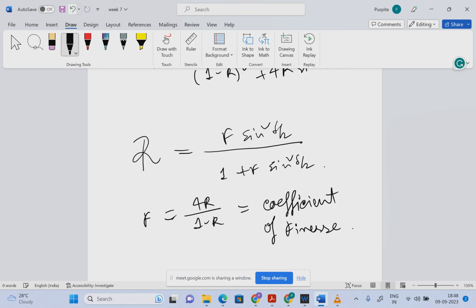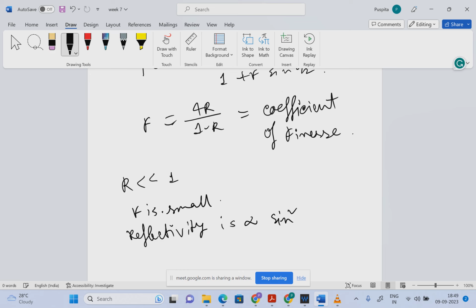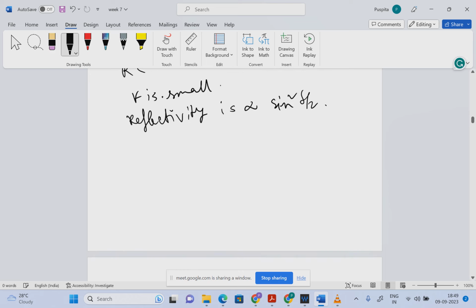Okay. So one can see when R is less than 1, F is small, and the transmitted intensity is proportional to sin square delta by 2.